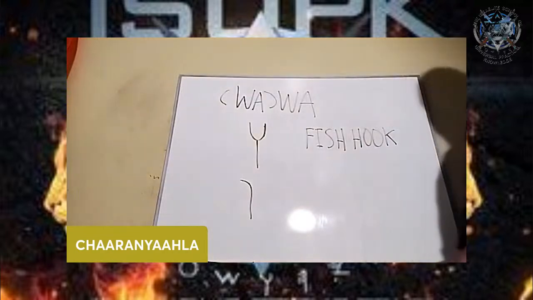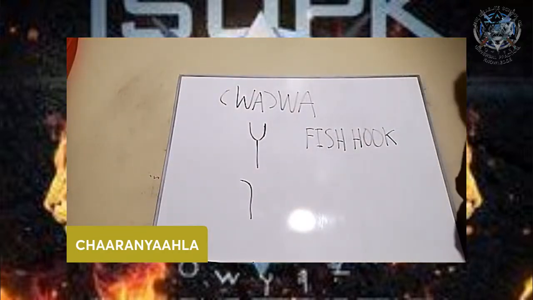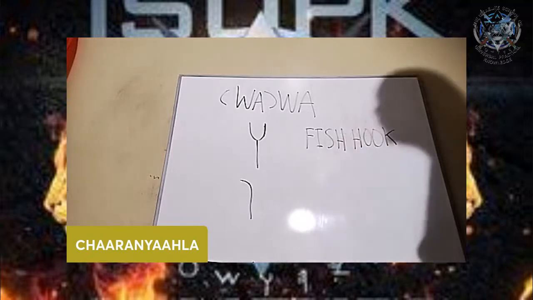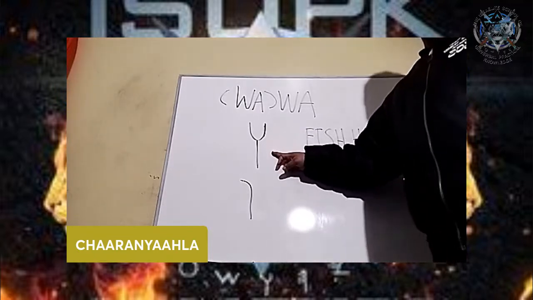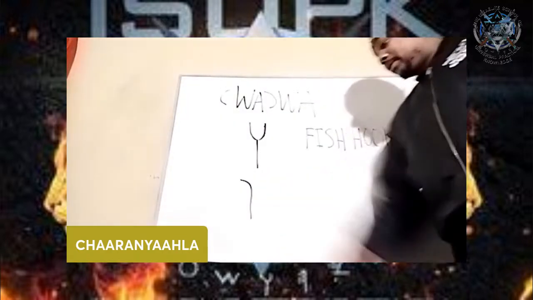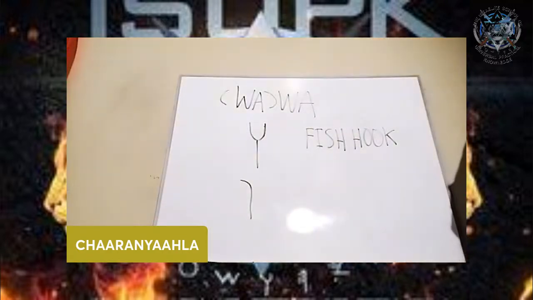Y, short for Wawa, the symbol of a fish hook. Ancient Y or Wawa, Assyrian Y or Wawa, symbol of a fish hook.